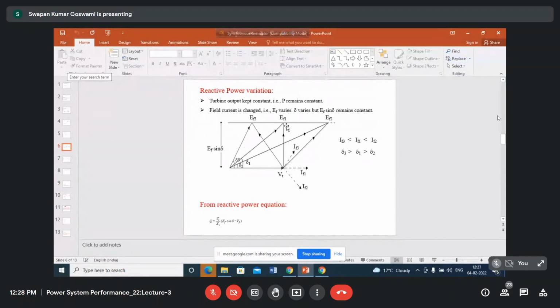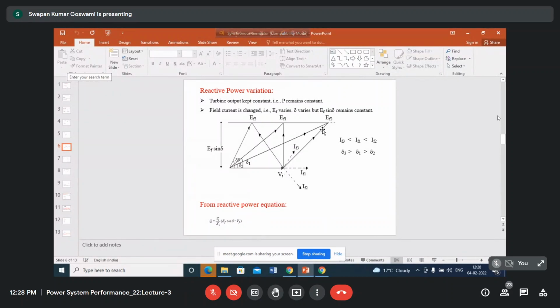If this is EF1, this is Vt, this perpendicular vector will be j IA into Xs, that means j into armature current into reactance. So j IA1 Xs is this length.